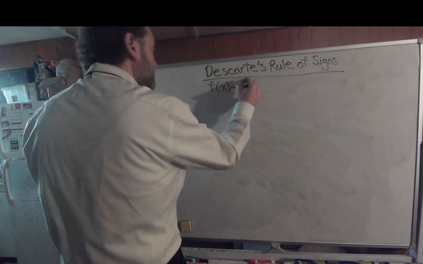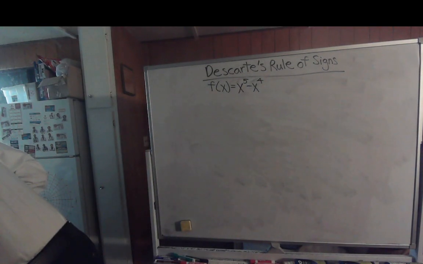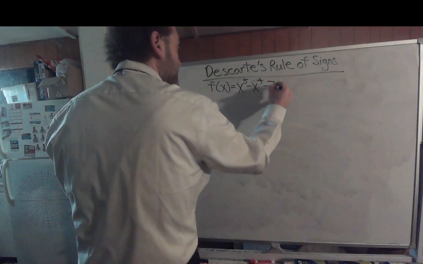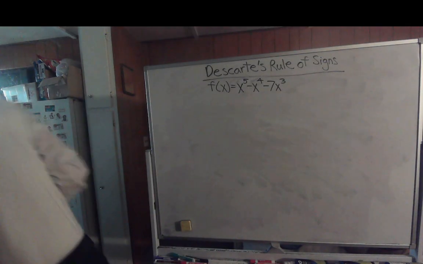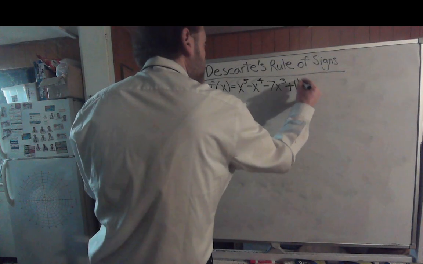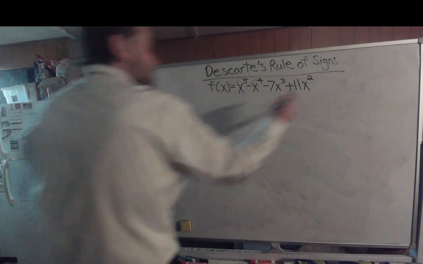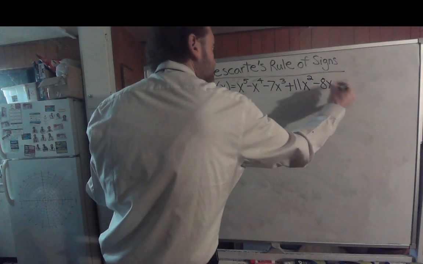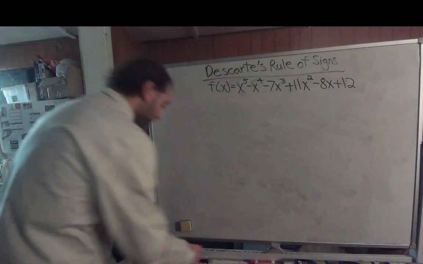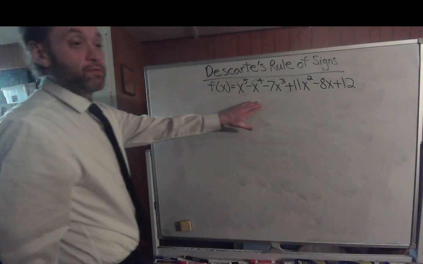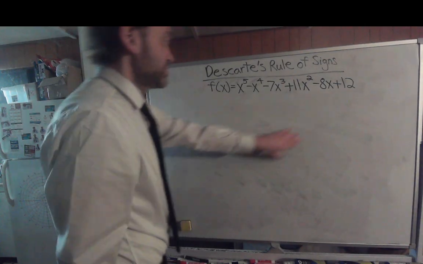X to the 5th minus x to the 4th minus 7x to the 3rd plus 11x squared minus 8x plus 12. So f of x equals x to the 5th minus x to the 4th minus 7x to the 3rd plus 11x squared minus 8x plus 12.